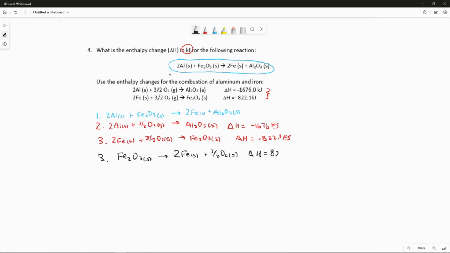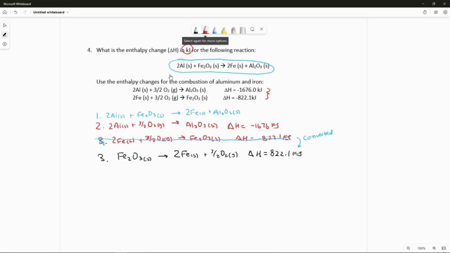So it's going to be positive 822.1 kilojoules. Now we can take a look at our base equation again and see if we can cancel these out. What we did here was convert this part into this, so we're going to say converted. And we can ignore this one for now.